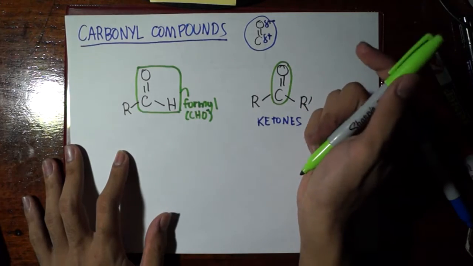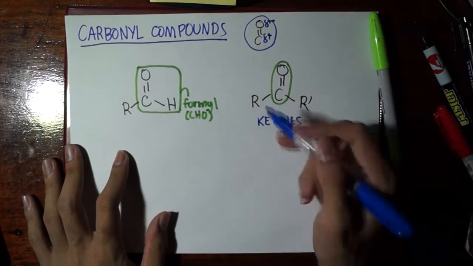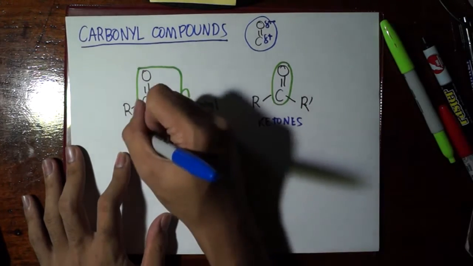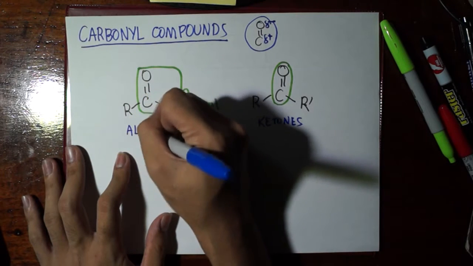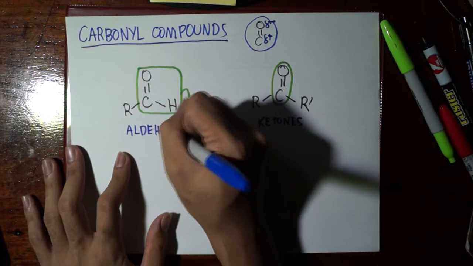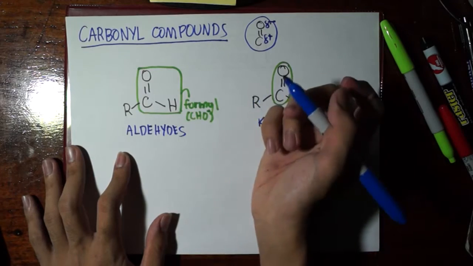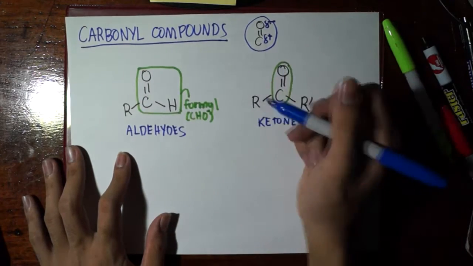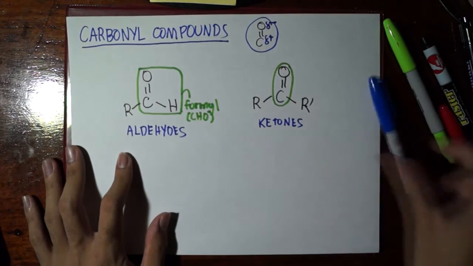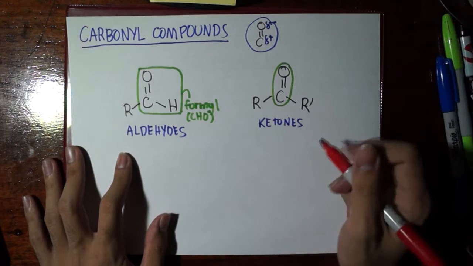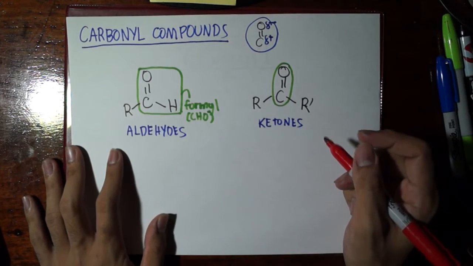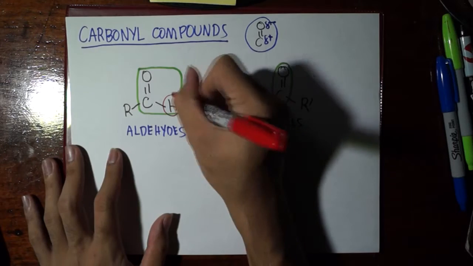Now, this is the functional group for the other class of carbonyl compounds known as aldehydes. So, they have a similar carbonyl group, yes, but first things first, let's talk about what makes them different. Well, in aldehydes, noticeably, there's another H here.